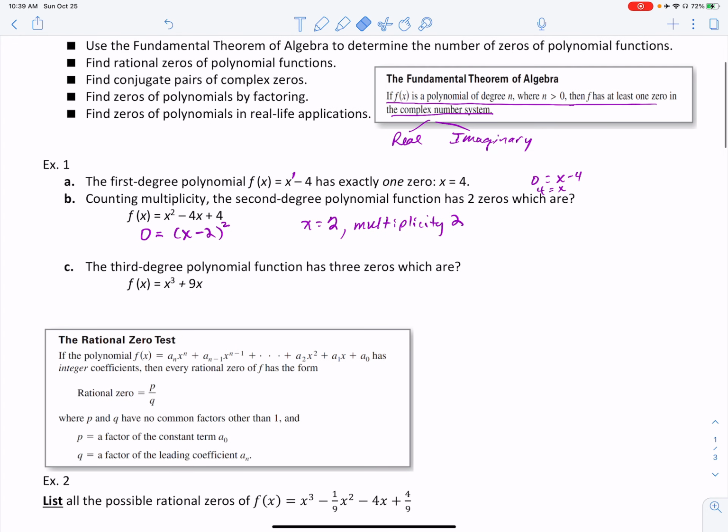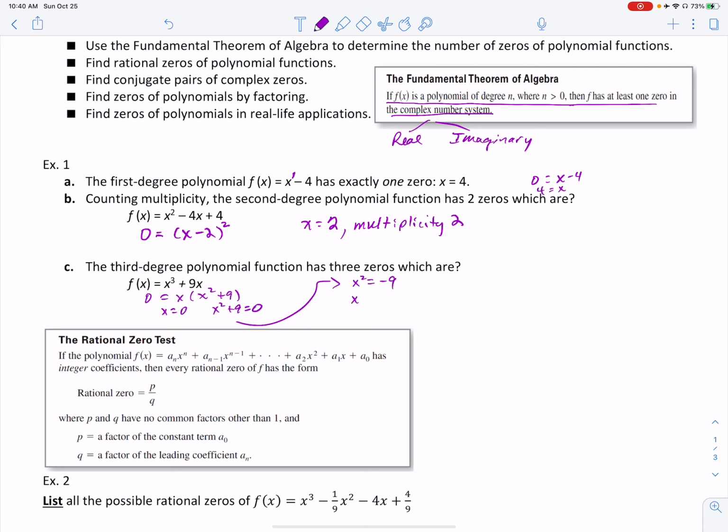In part C, the third degree, finding the zeros. So 0 is equal to, factor that, and we'll have an x squared plus 9. And so either x is 0 or x squared plus 9 is 0. And so 0 is one of them, and x squared plus 9, if I solve, I get a negative 9.